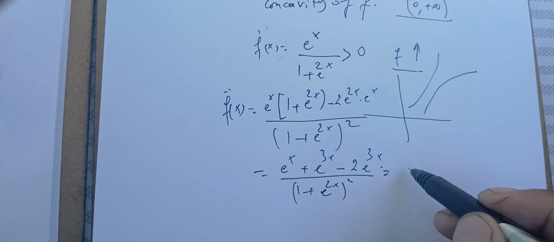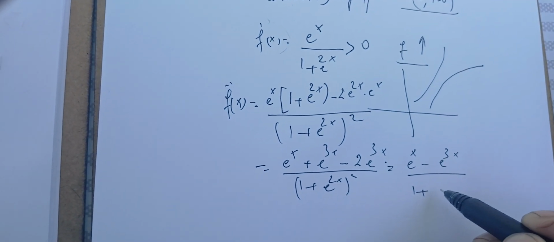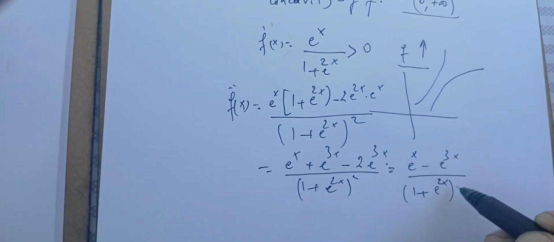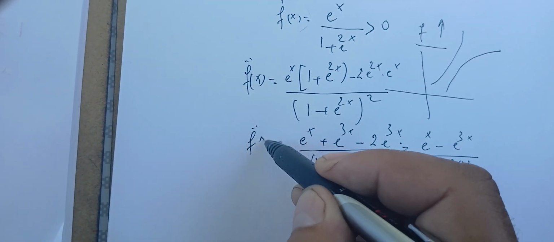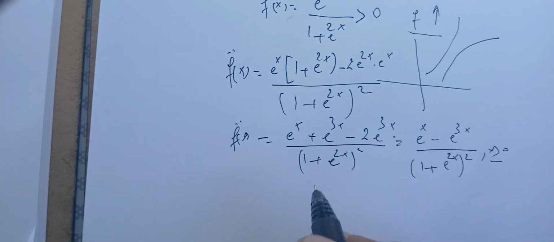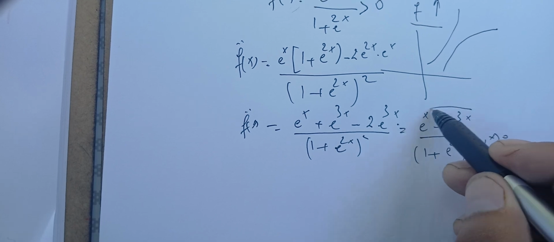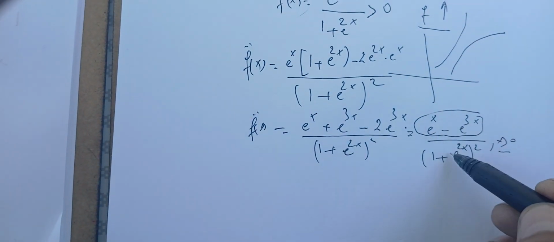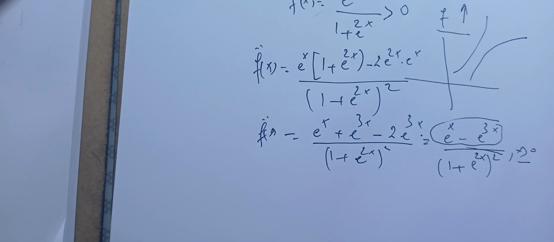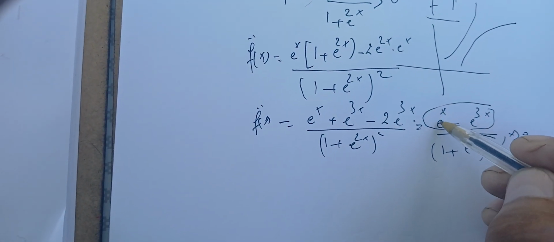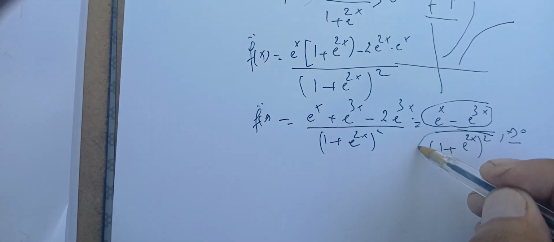This gives us e to x minus e to 3x over 1 plus e to the power 2x squared. Remember that we are working only on positive values of x. So the sign of this second derivative is determined by the sign of e to the power x minus e to 3x, because the denominator is always positive.